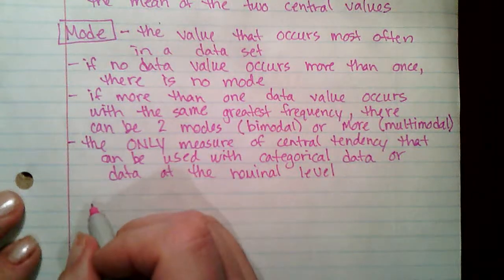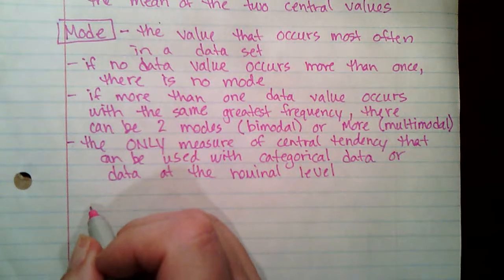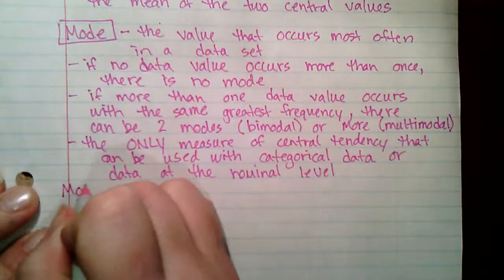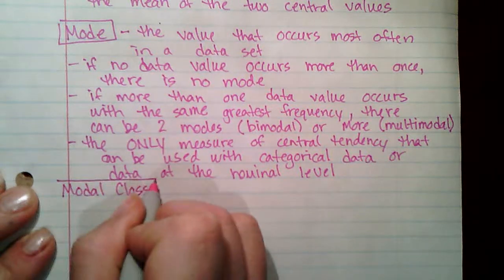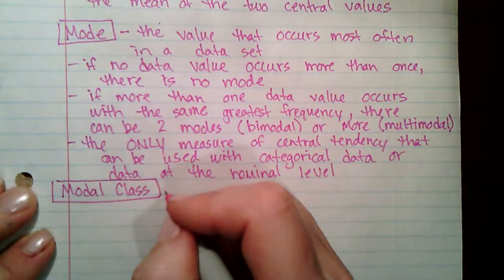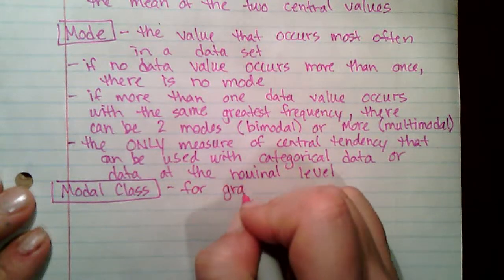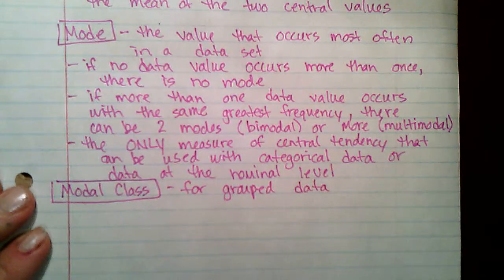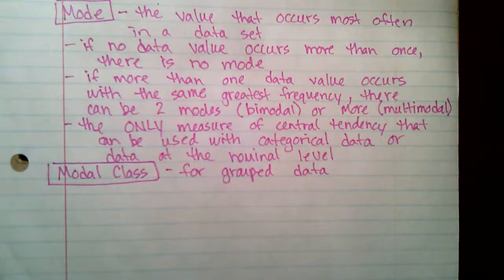If you have grouped data, which we have not yet looked at a grouped frequency distribution, I'll talk about it now, but it may not mean as much until we get to a grouped frequency distribution. Modal class is for grouped data. So that's when we're looking at like a histogram that's showing like a range of values.